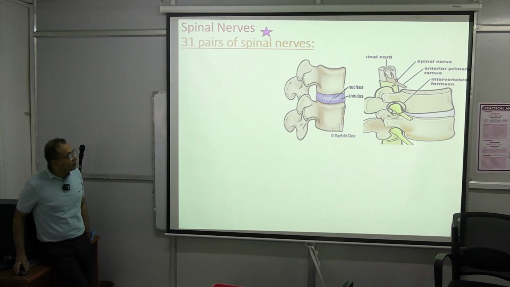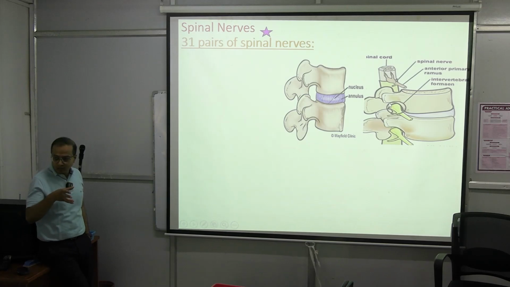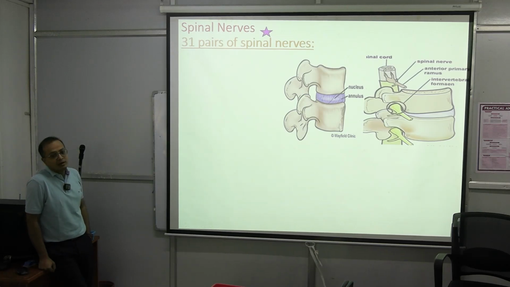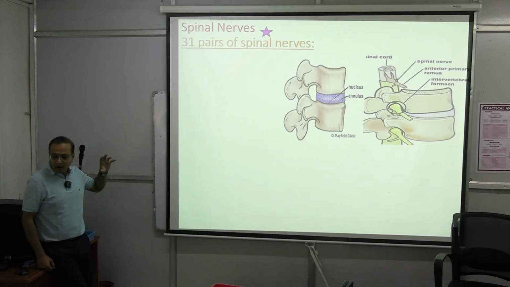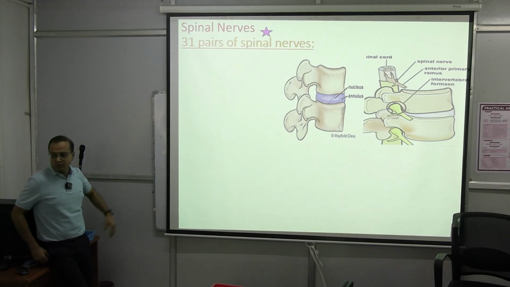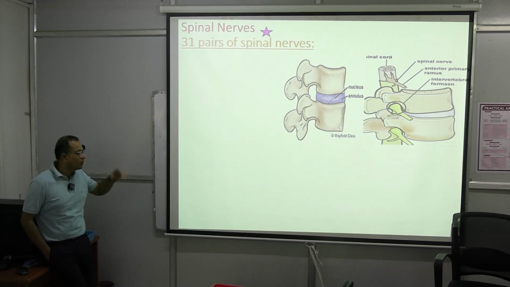It transmits a nerve, the spinal nerve, exiting from here. If the disc compresses this nerve and creates a neural complication, we call it herniation of disc, or in common words, disc prolapse. You understand? What is being compressed? The spinal nerve.